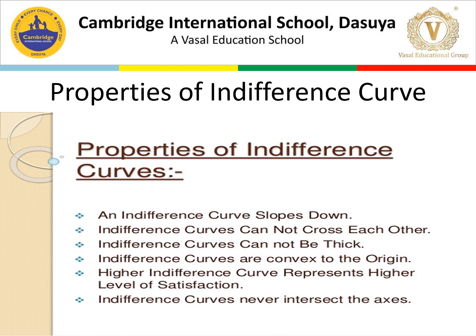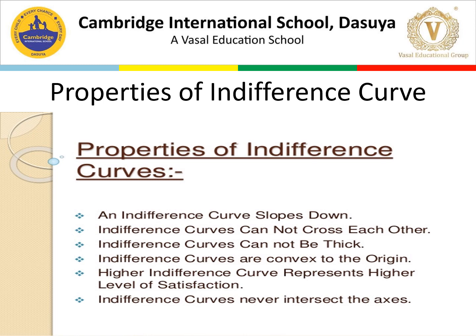Next, indifference curves cannot be thick. They cannot be thick because the combinations we are talking about are always very confined, so these cannot be very thick. Next, indifference curves are convex to the origin.